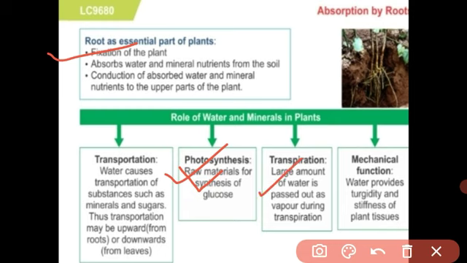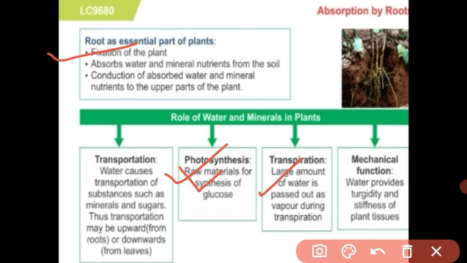Out of 100%, only 2% of water is used by the plant for some purpose, and 98% is thrown outside the plant body. It also has many functions like creating suction force and a cooling effect.